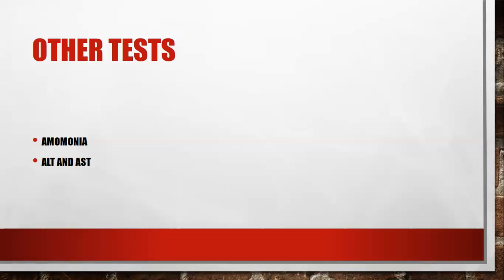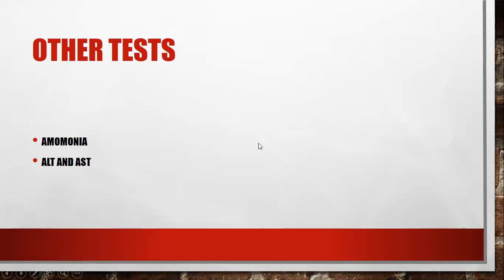Your liver normally removes most of these compounds via the portal vein circulation and converts them into urea, which is then eliminated by the kidneys. So ammonia, being a metabolic waste product, is converted into urea in the liver, and urea in turn is excreted in the urine by the kidney.